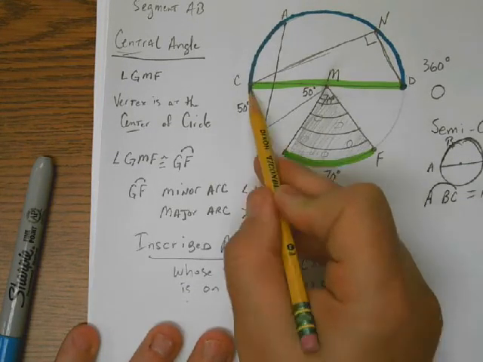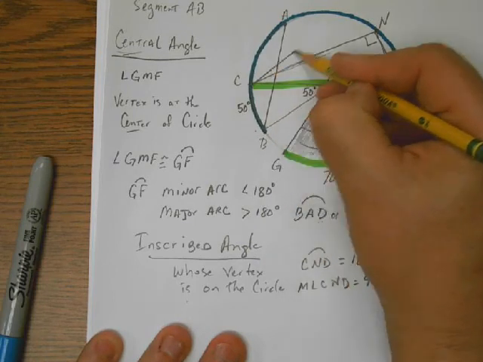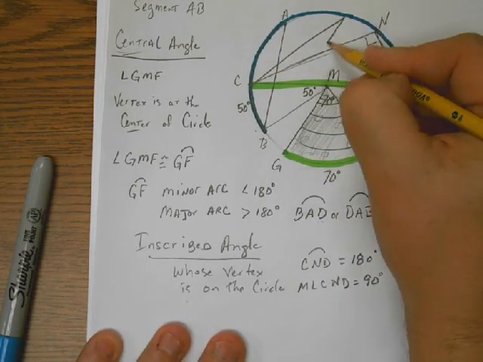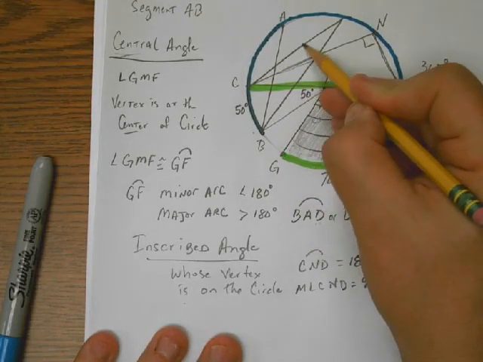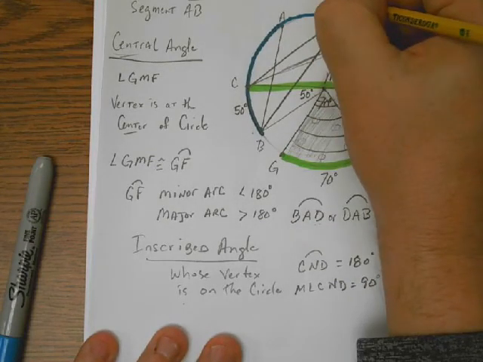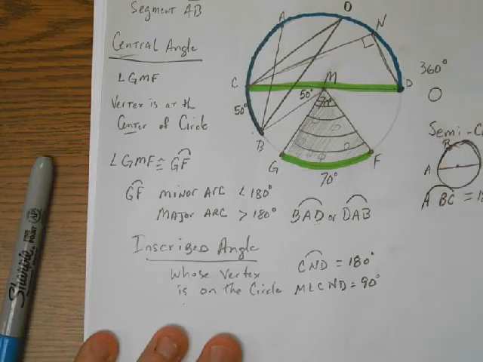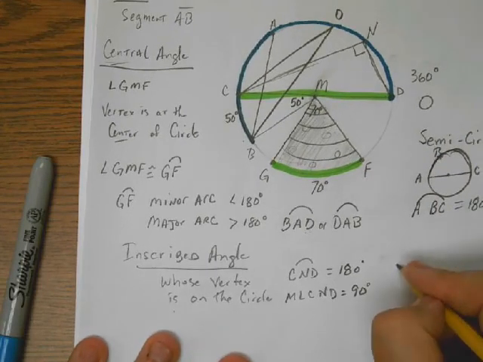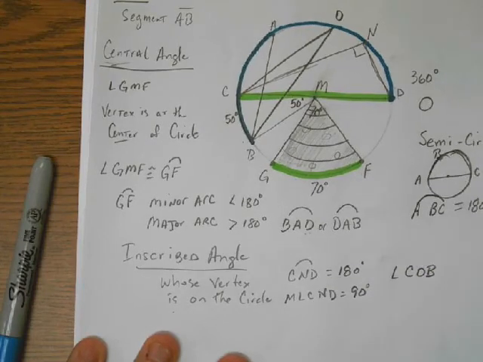So back to this picture. Remember when this one was 50? Let's say that I draw in that as an inscribed angle. All right, I know we're getting busy here. Gotta pay attention. So we'll put that there. Now let's put that as an O. And so now I have an inscribed angle of COB, C-O-B.